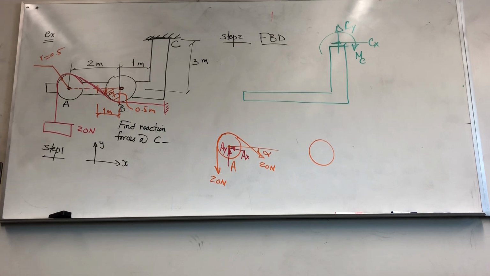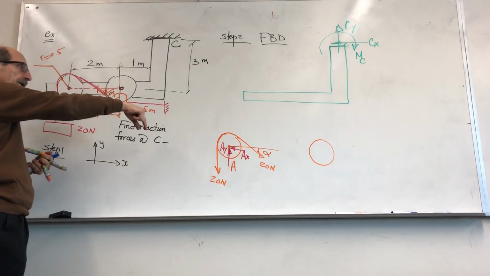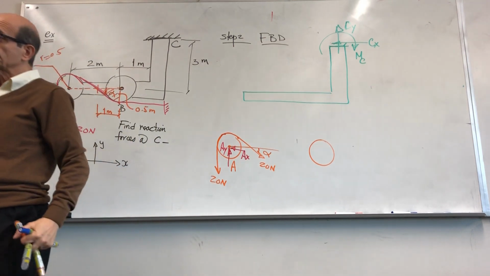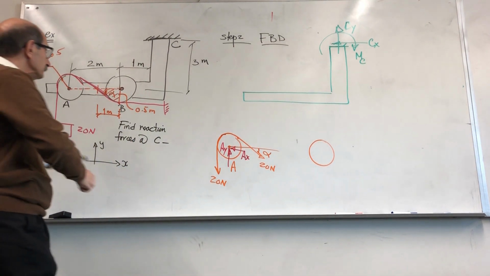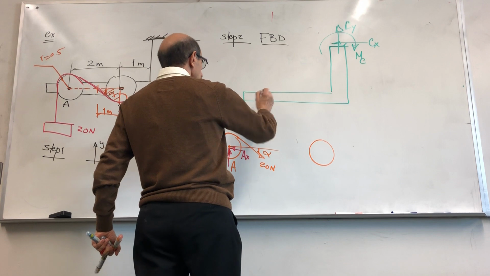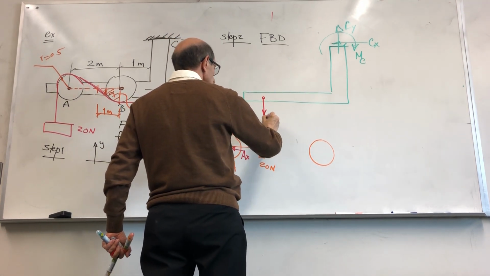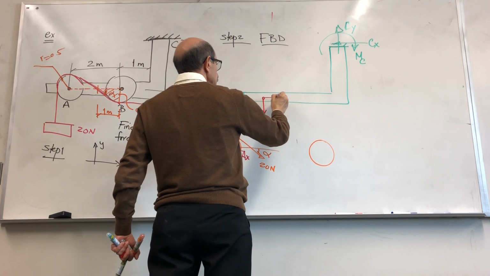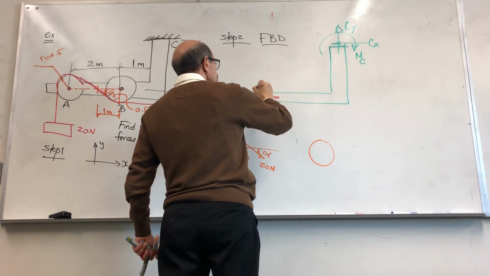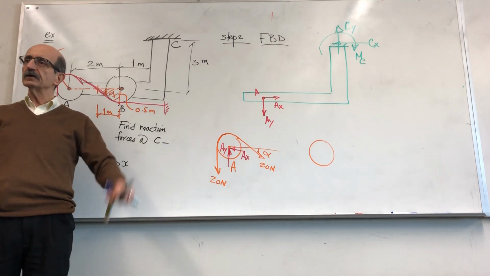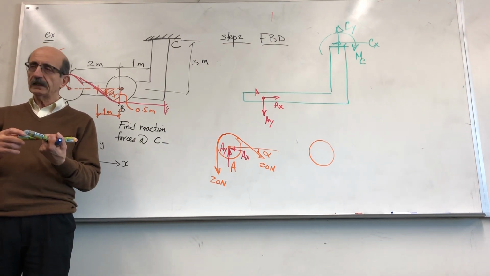So there will be forces equal in magnitude, opposite in direction, acting from the pulley over the pin, and the pin is sitting on this structure. So at point A, forces equal in magnitude and opposite in direction should be acting on the structure, right? Is that clear? Any questions on that?